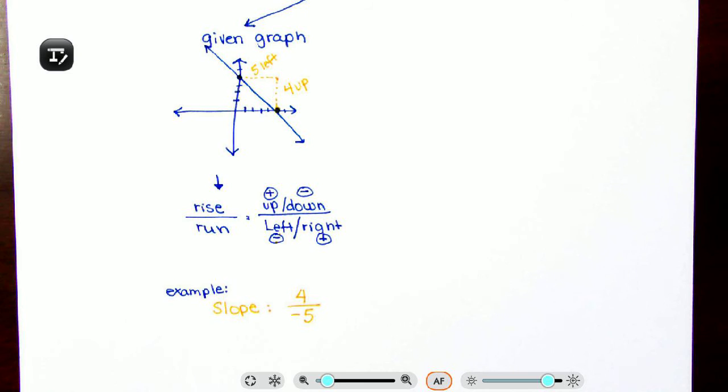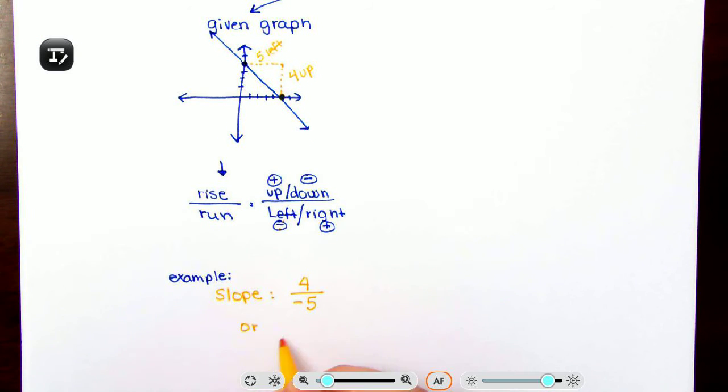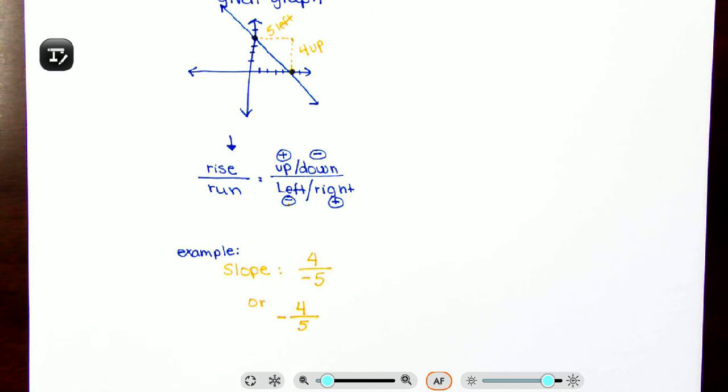Now you can write your slope as 4 over negative 5, or you can write your slope as negative 4 fifths. As long as you still have one negative, it doesn't matter where your negative goes initially. Typically what you're going to see is the negative out in front. Okay, that is what you do to identify your slope given a graph.